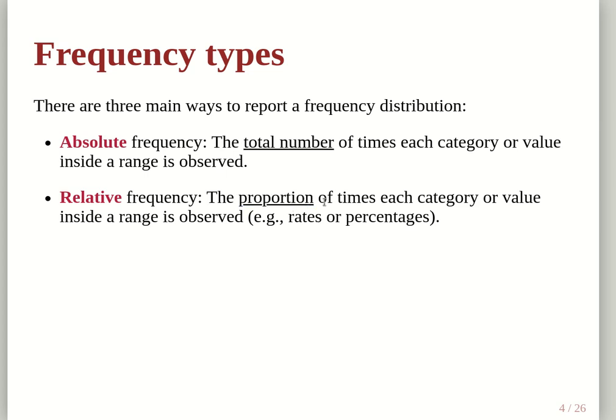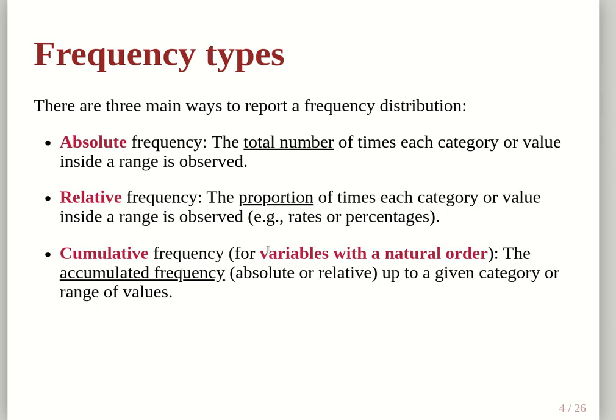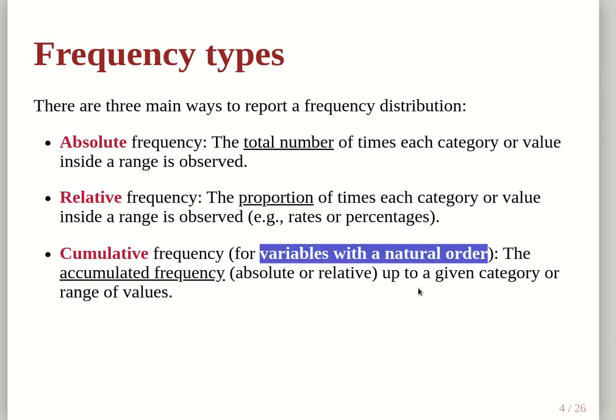So instead of reporting just the total number of counts we have, we are now saying something about, well, what percentage of the total number of observations we had in total across all my categories does that particular category appear.